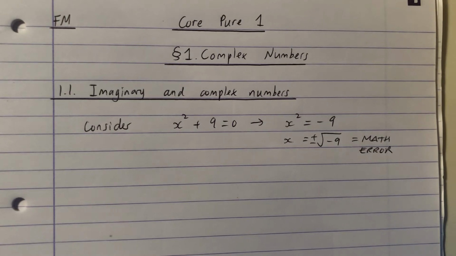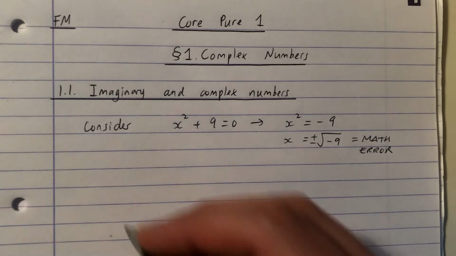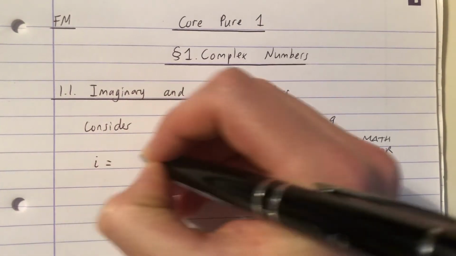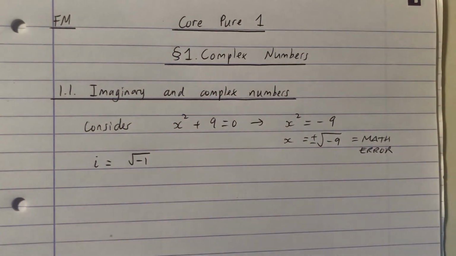So the number they invented was called i, and i represents the square root of -1. Previously that wasn't a thing, but now that is a thing. And then it came to a new set of numbers called imaginary numbers.